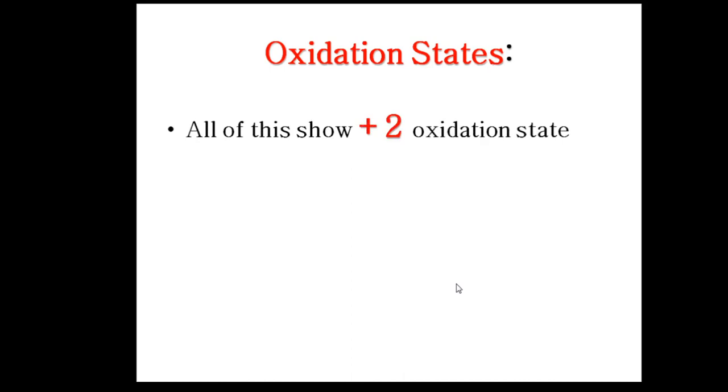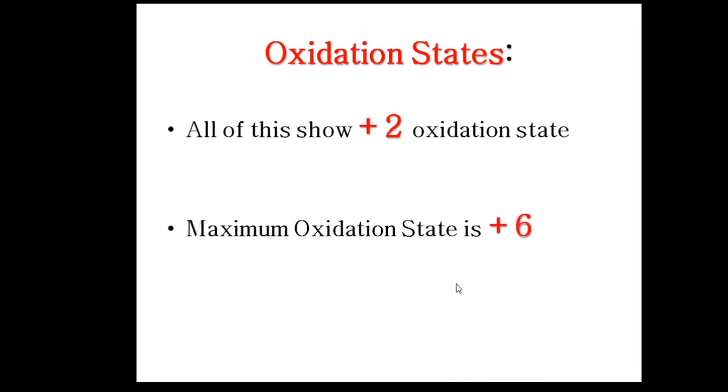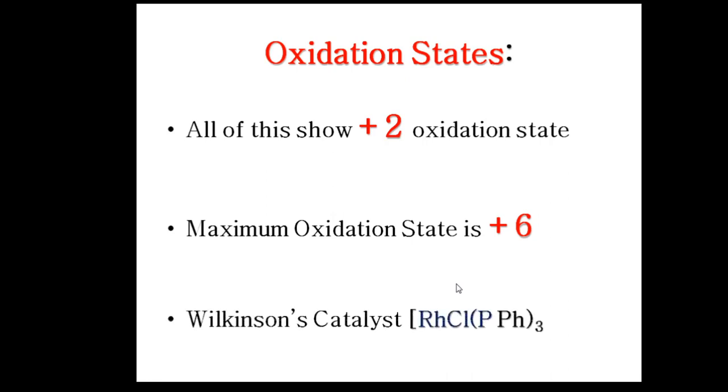They all have the +2 oxidation state, and the maximum is +6. As far as the +1 oxidation state, in Wilkinson's catalyst the oxidation state of rhodium is +1. So this is all about the oxidation state behavior of cobalt, rhodium and iridium.